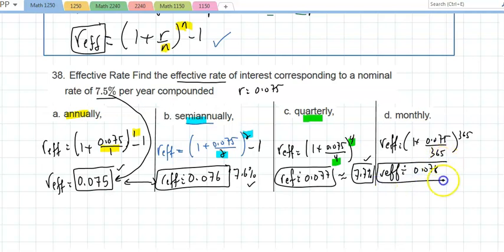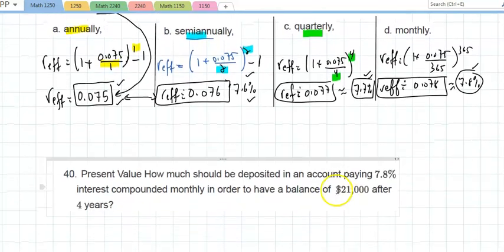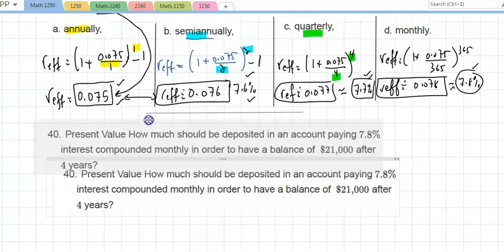So this bank is giving you roughly 7.8%. So on $100, here I'll get $7.50, $7.60, $7.70, and $7.80. 10 cents difference, that's it. And I want to tackle one more problem. I'll elaborate on that when we do the homework and enforce that.